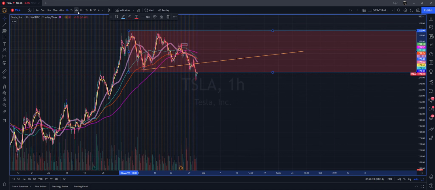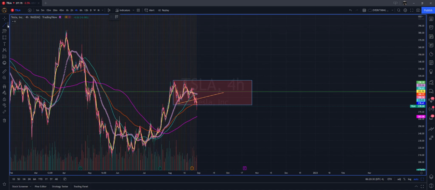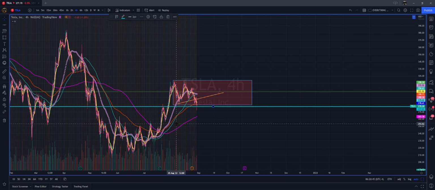So I'm just gonna draw the 4-hour key level. This is pretty obvious. Don't forget to change the color. Remember, the 4-hour, you gotta make it different from the rest.